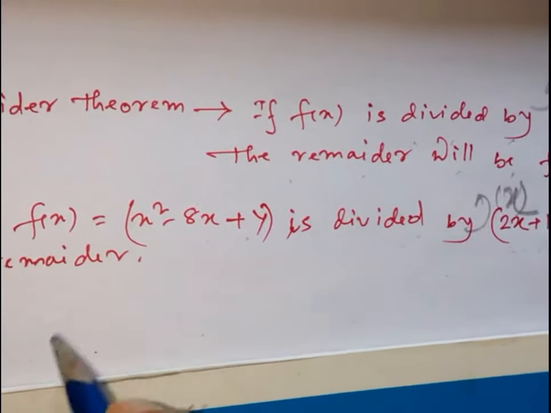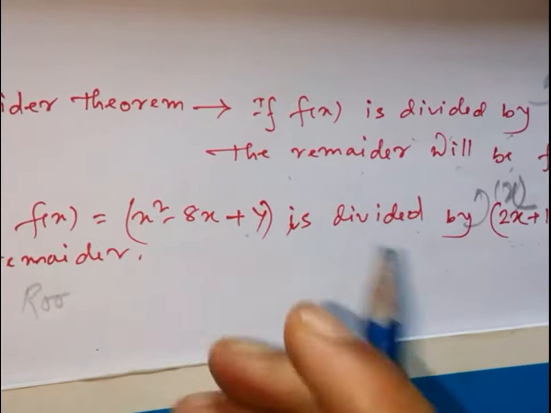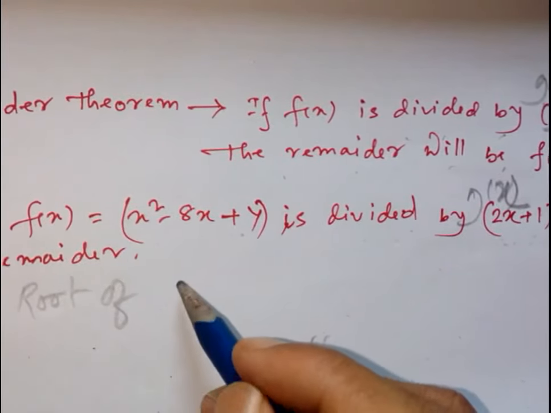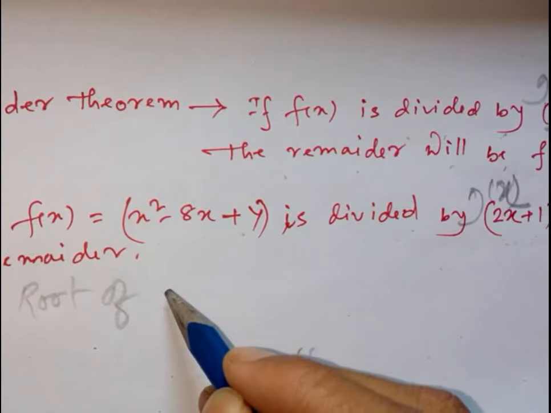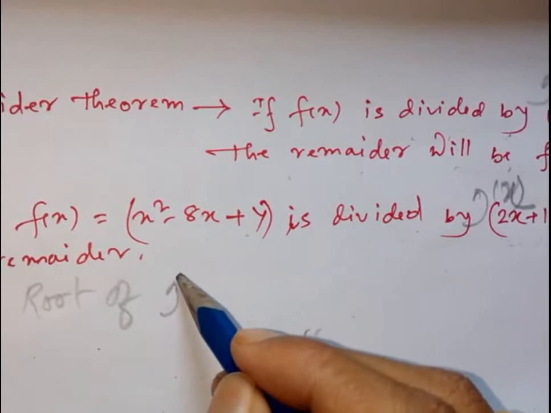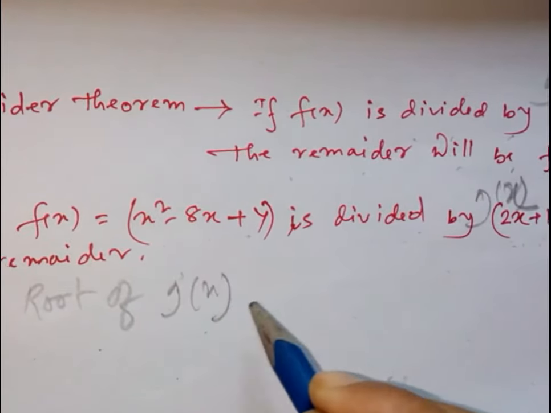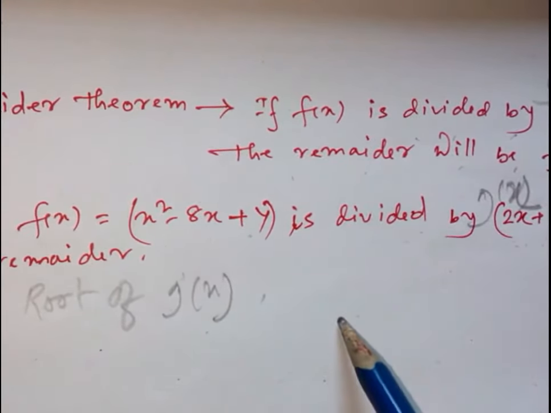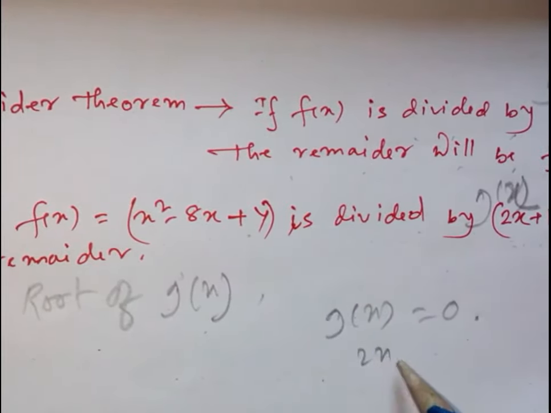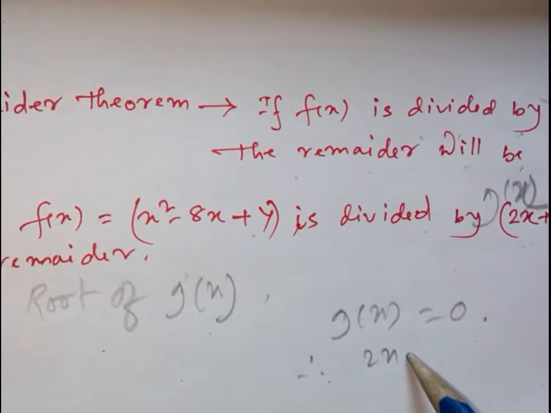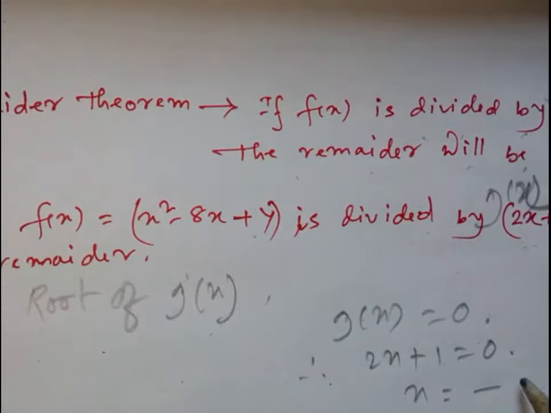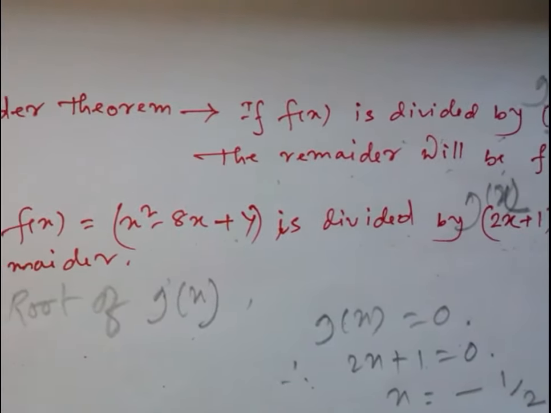At first find the root of g of x. That means g of x is equal to 0, so 2x plus 1 is equal to 0, or x is equal to minus 1 by 2.